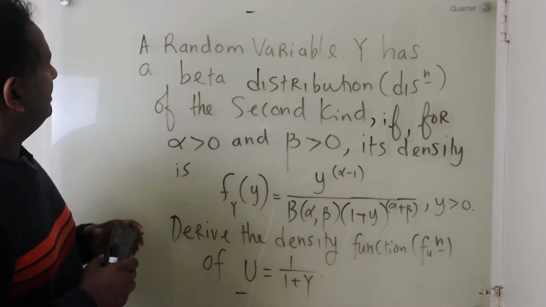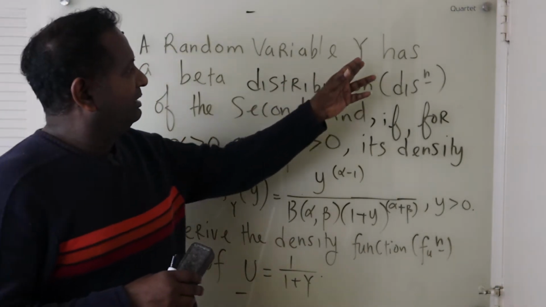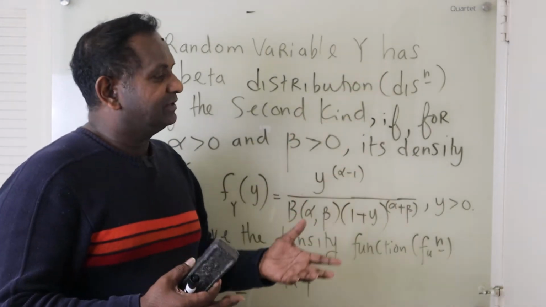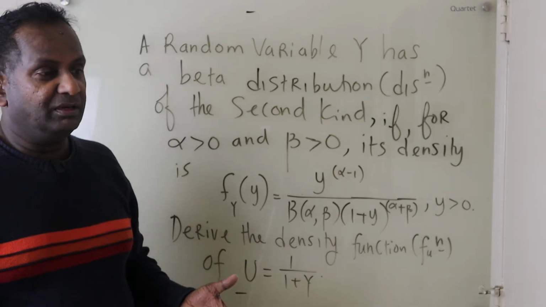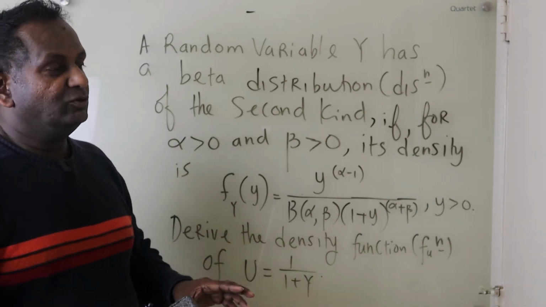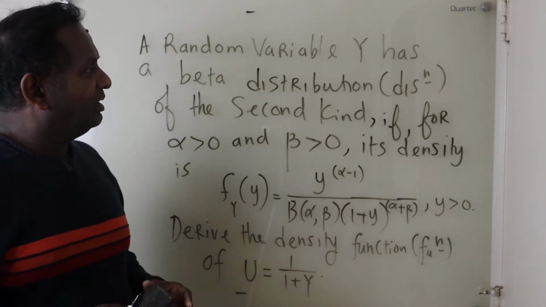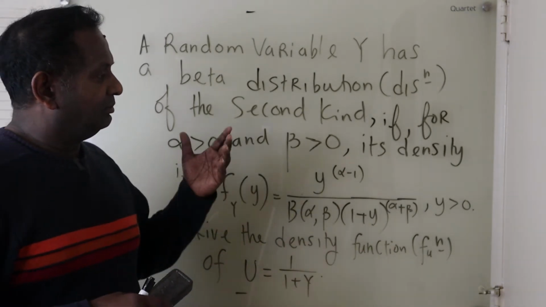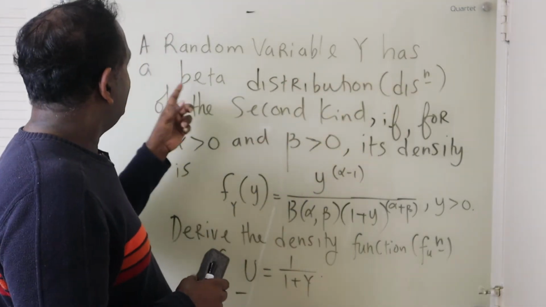Let's read this problem. A random variable Y. Capital letters are heavily utilized in statistics to denote a random variable, just as we use lowercase y to denote the function in mathematics. Y has a beta distribution.